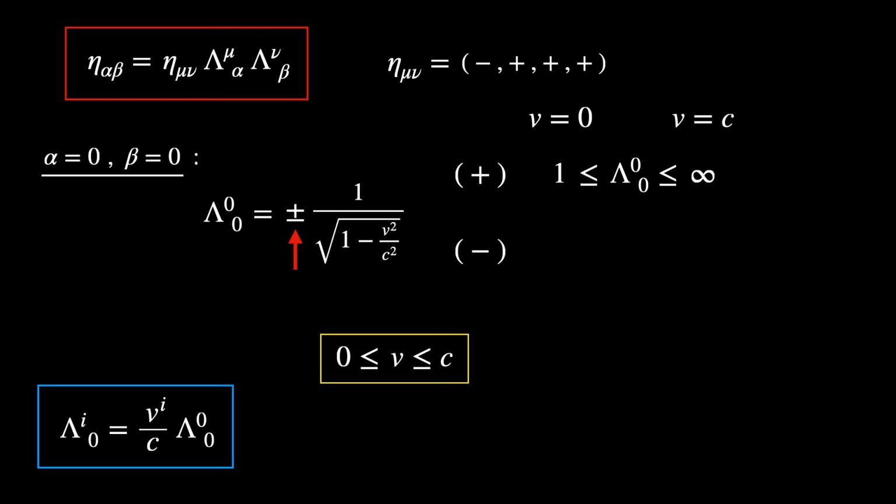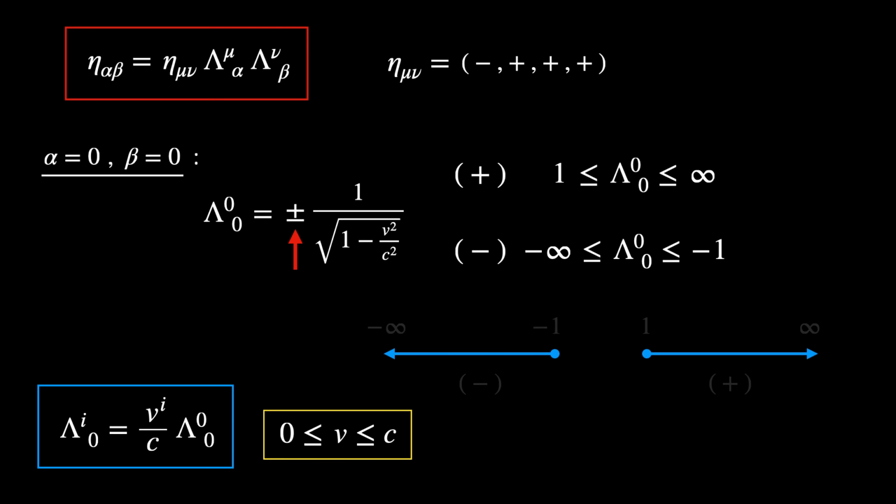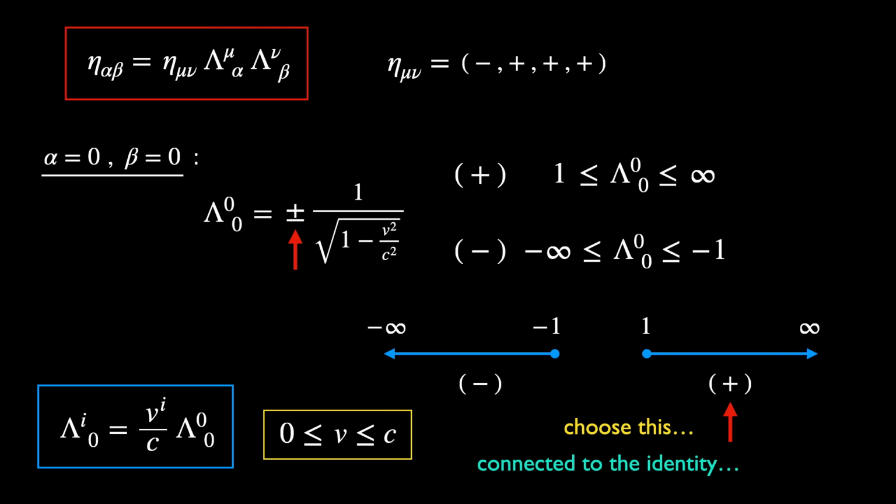Whereas for the negative branch, lambda 0,0 is between minus infinity and minus 1. Notice that these two domains are not connected. This means if lambda 0,0 is to be a continuous function of its parameters, it must live entirely on a single branch. We shall choose the positive branch so that the matrix lambda could be continuously connected to the identity transformation.